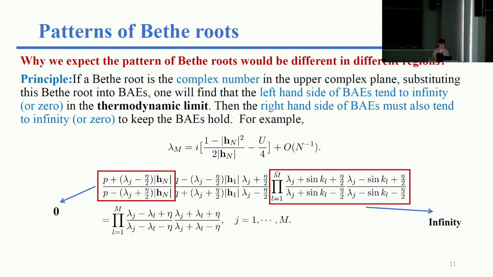For example, here, under one kind of boundaries, one of the beta roots equals lambda m here, and the first term in this BAE will become 0, and the second term will become infinite, of course in the thermodynamic limit, and then this beta root we can call a boundary beta root. So we expect the patterns of beta roots would be different.